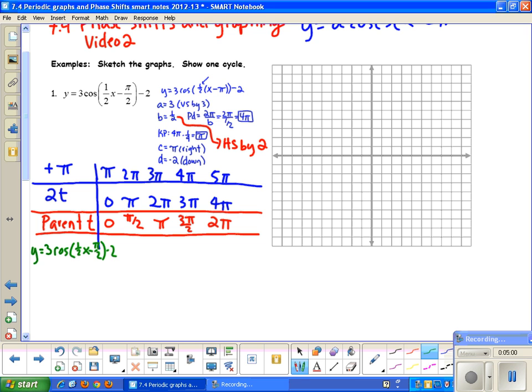So when I plug in pi, well, pi times a half is pi over 2, and pi over 2 minus pi over 2 is 0. So we're going back to really these parent graph values. I'm just going down the line, because when I do 1/2 x minus pi over 2, I undo the 2t plus the pi. So that means I have the cosine of 0, which is 1, and 1 times 3 gives me a value of 3, minus 2 is 1. So that value goes right here. Let me make this smaller.